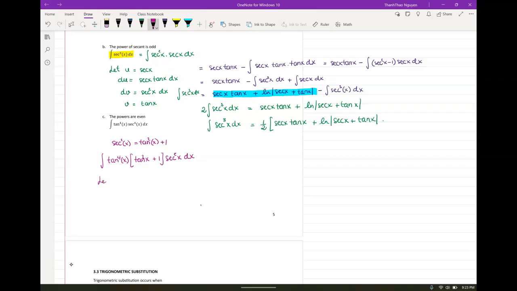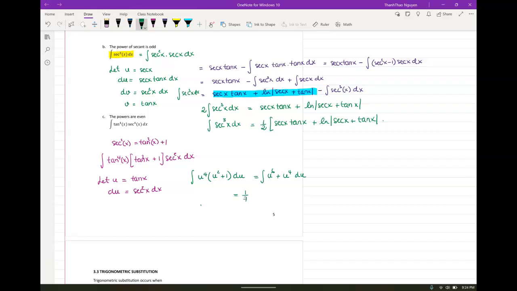I'll go ahead and let u be tangent of x. Then du equals secant squared of x dx. My integral now will become the integral of u to the 4 times u squared plus 1 du, the integral of u to the 6 plus u to the 4 du.